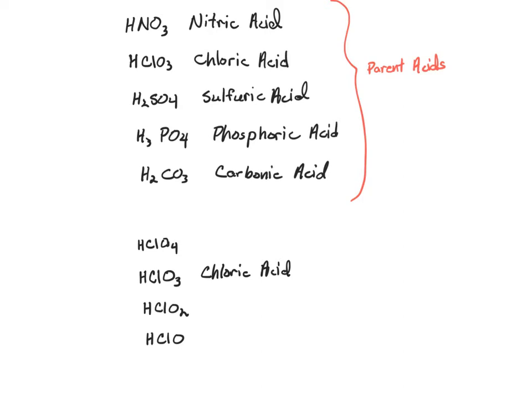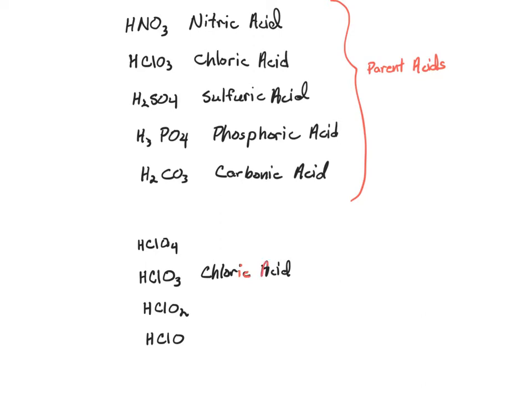We need to be able to name these. By the way, nitric acid, sulfuric acid, phosphoric acid, and carbonic acid also have other versions of themselves with different numbers of oxygens. So this begs the question, how do we name these things? Well, we can look at the names in terms of suffixes.